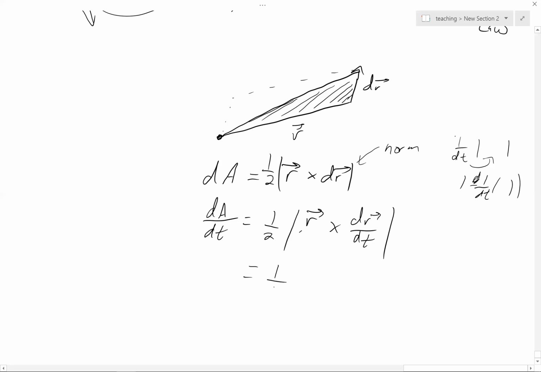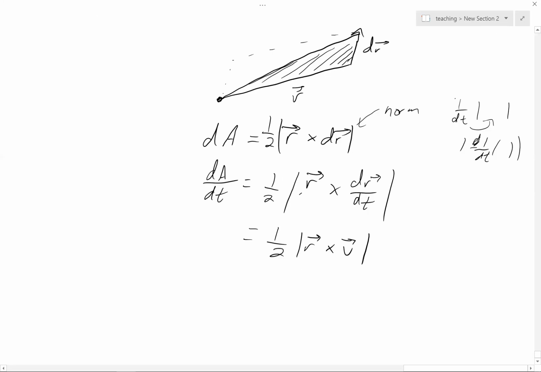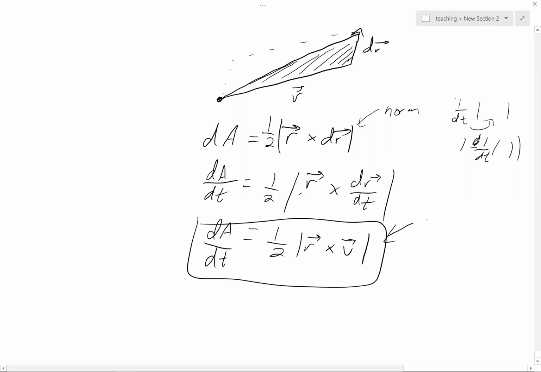So I'm being a little physicist about this argument. Really, you would have to be a little more precise. But that's the point: if I look at dA dt, it is just the magnitude of r cross v divided by 2. And again, since r cross v is constant, I get that dA dt is constant.